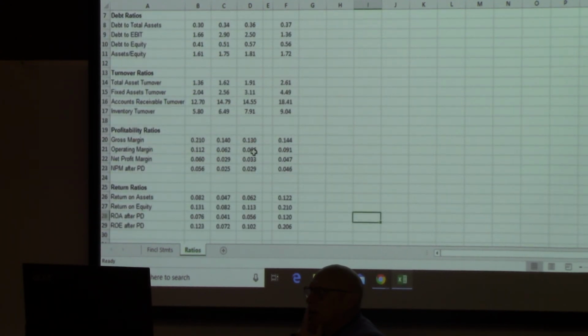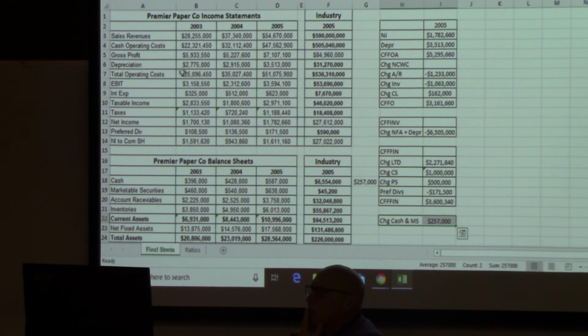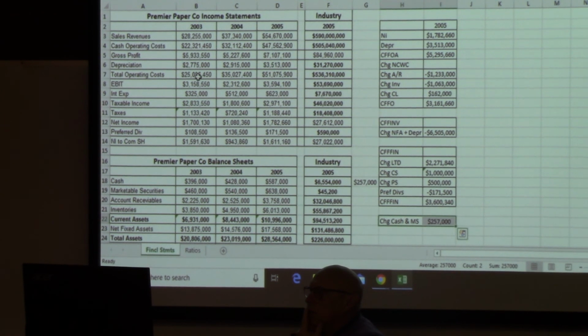So it looks like the operating margin is a real problem. Let's go back in here and look. Gross profit, depreciation, and you have other operating costs. So it looks to me like depreciation and operating costs are way too high for this company.